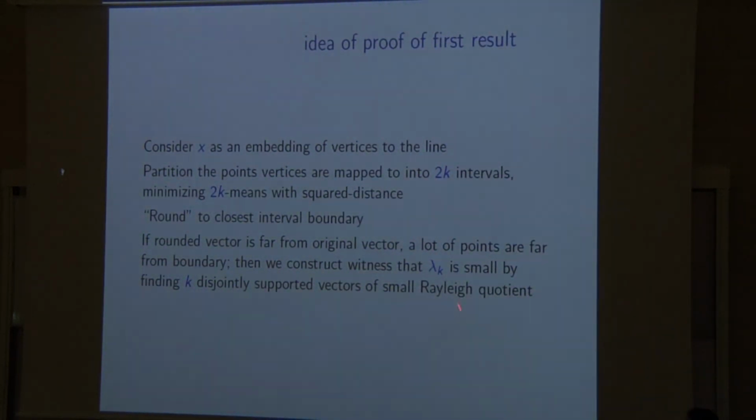So there is a bit of technical work here that is difficult to summarize in a few sentences, but that's the general structure of the argument. So what is, so 2k here is some constant times k? Yeah. So the only reason is that not every region might necessarily give a vector with good Rayleigh quotient, but the average region does.